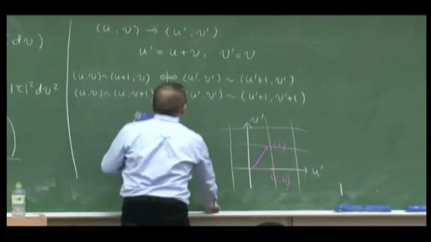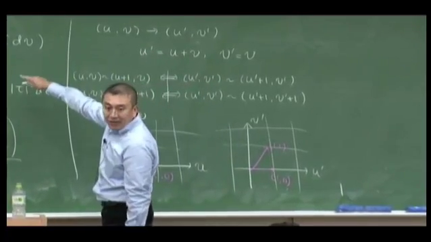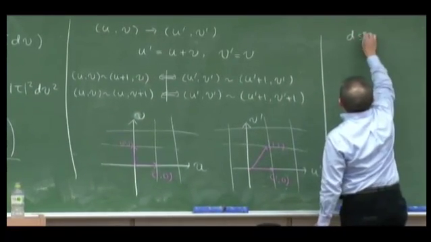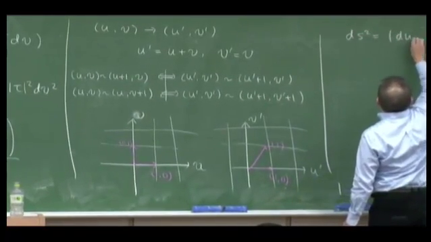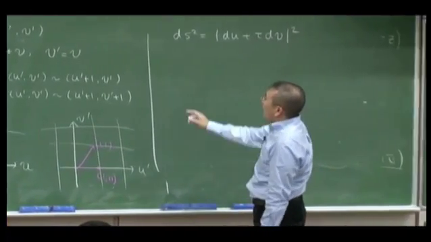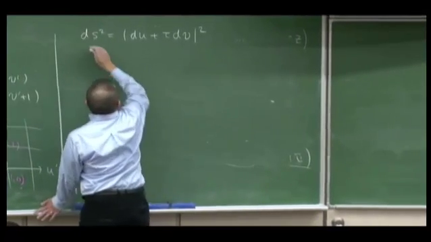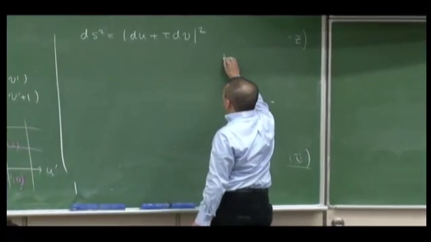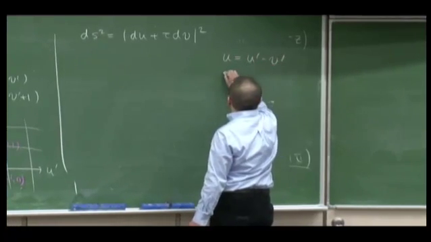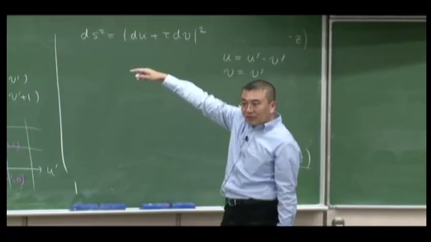But suppose I substitute this new change of coordinate into this metric. Previously, we had this metric, |du + tau dv|^2. Now suppose I say that u is equal to u prime minus v prime, and v is equal to v prime, according to this change of variable.